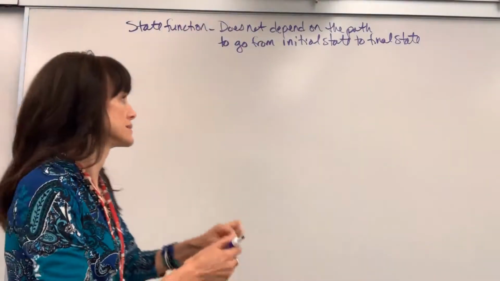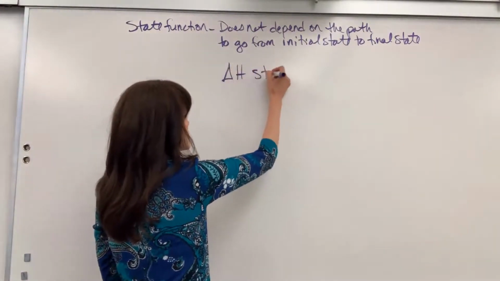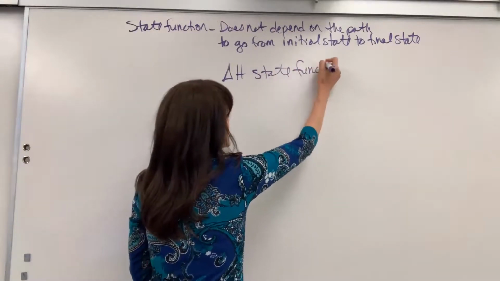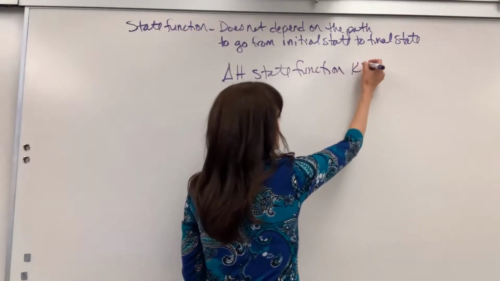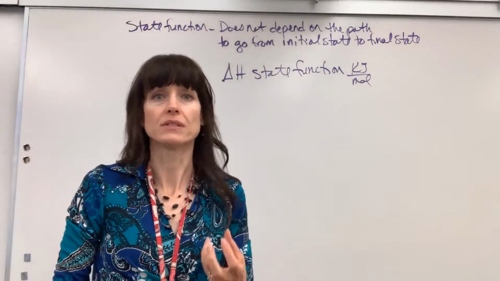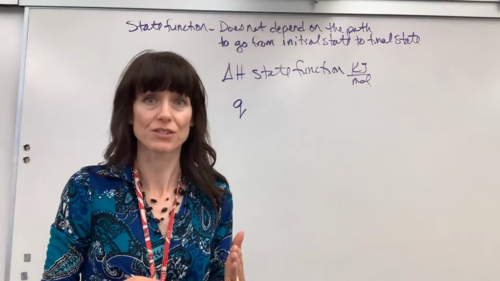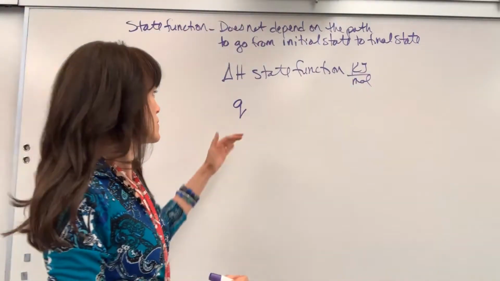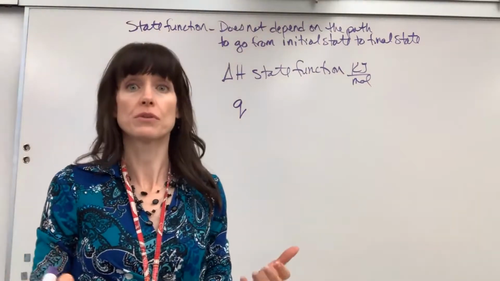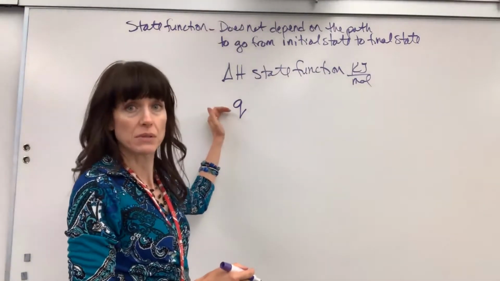A really good example of this for you, delta H, is a state function. Now, as a state function, you've got those kilojoules per mole. That ratio is going to be constant. To contrast that, Q is not a state function. So if I were to combust 5 grams of glucose, I'm going to get a specific amount of energy released.